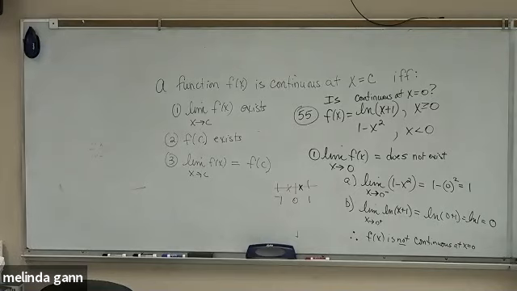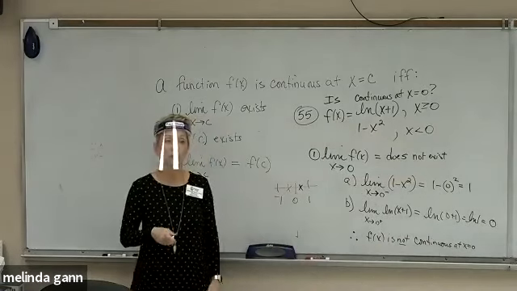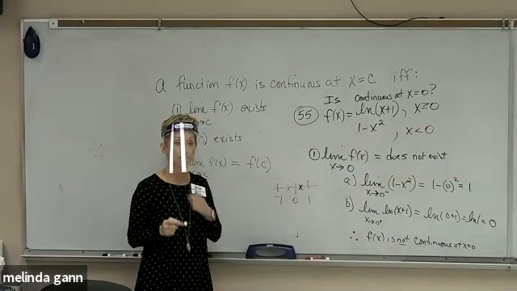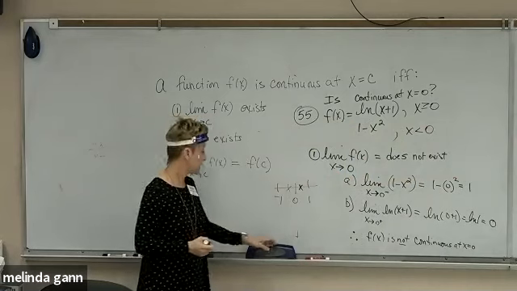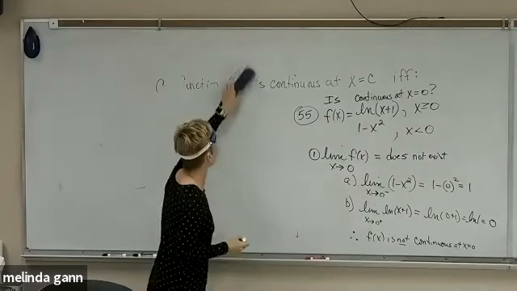Feel okay about continuity? Now, when you're looking at the graph, do you understand then that if a function is continuous, that means that you can draw without picking your pencil up? Because think of these on the video.